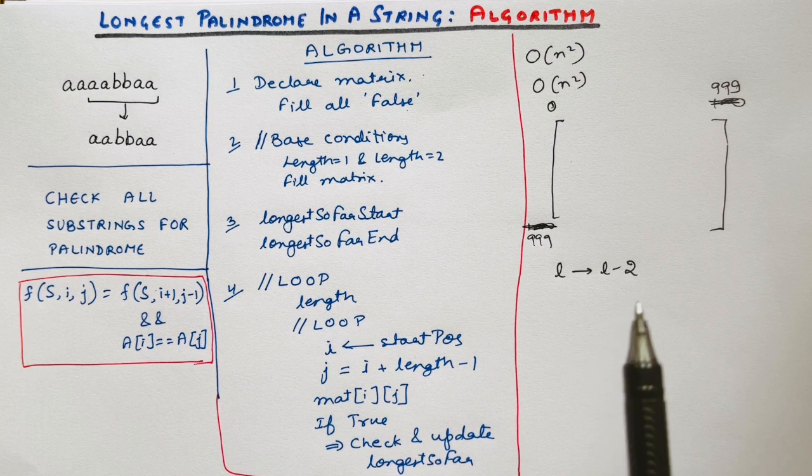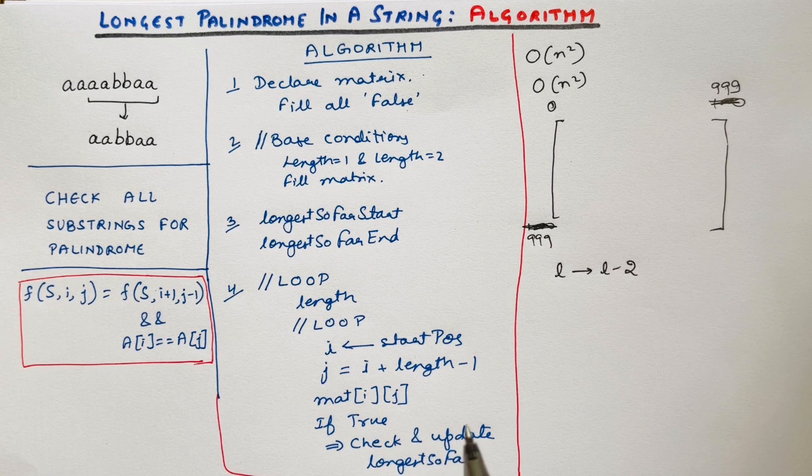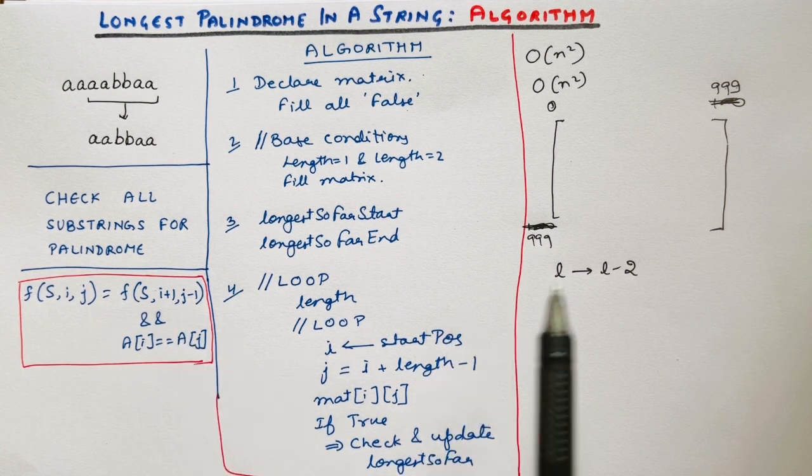But do we really need all of this information at one single point in any step in the algorithm? No, right? Because whenever we are calculating for a substring of a particular length L, we only need the information for substrings of length L minus 2.